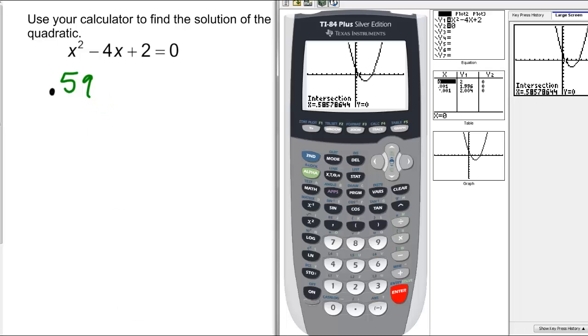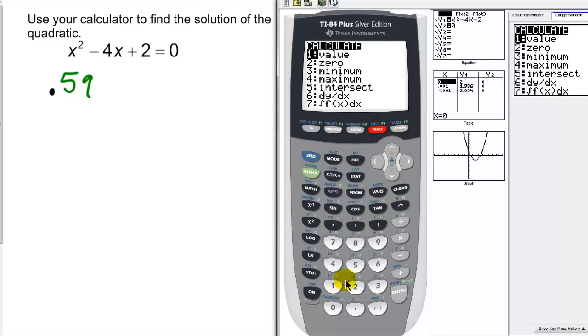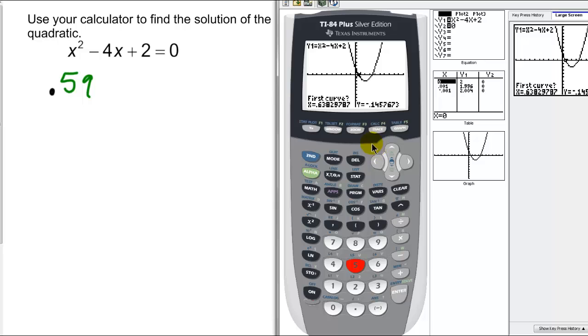And then we go back and we say, okay, well now what we're going to do is second calculate again, the intersect, so I'll hit 5. And they say first curve, which is my parabola. So I'm going to go over towards the second x-intercept, and hit enter, and then hit enter again.